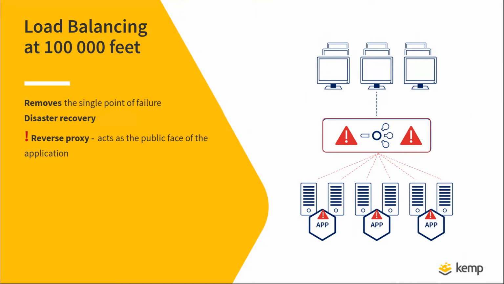So load balancing at 100,000 feet, it removes that single point of failure. It provides that disaster recovery technology capability. And because it's a reverse proxy, it is acting as the public face of that application. So we can manipulate some things about access to the application and how the application behaves by doing it through the load balancer as the proxy.